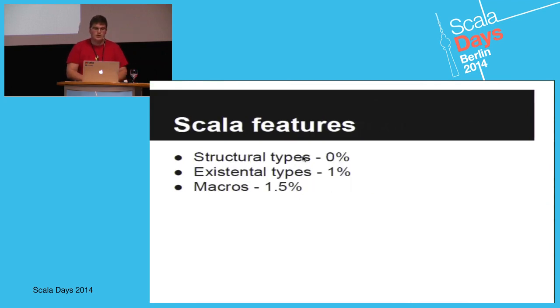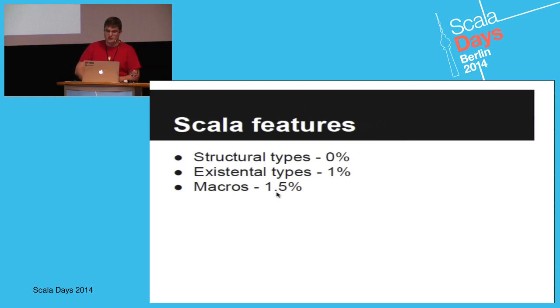Okay, we collected a little statistics about the Scala language. We collected structural types. Nobody actually uses structural types, I mean structural types which require reflection. Only 1% of people edit files which contain existential types, and the last thing is that 1.5% of people edit files which contain macros.